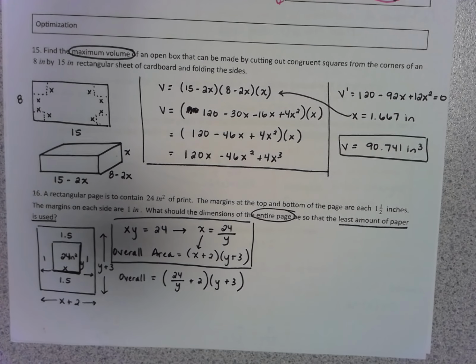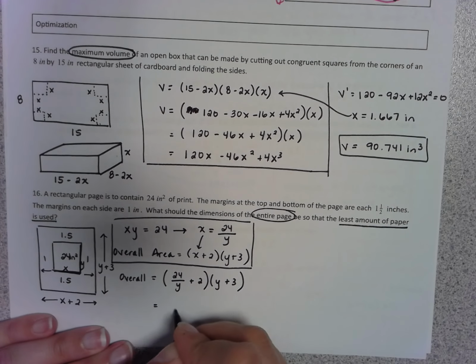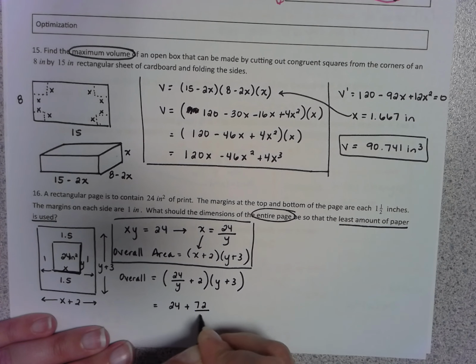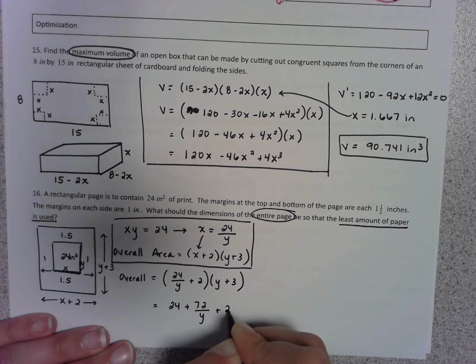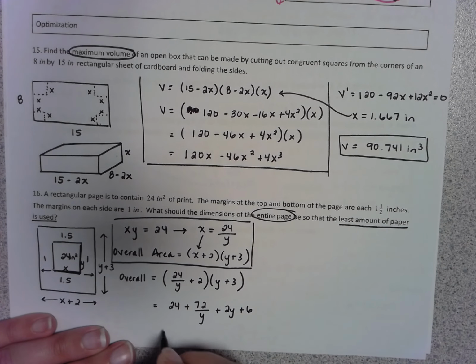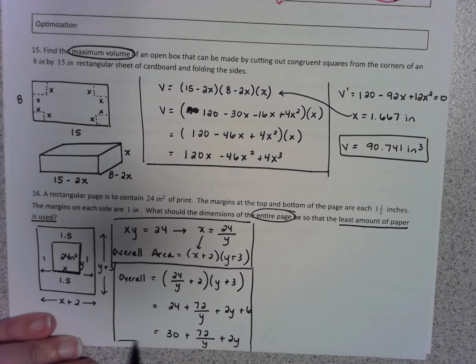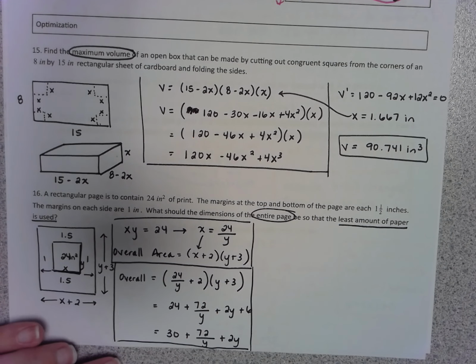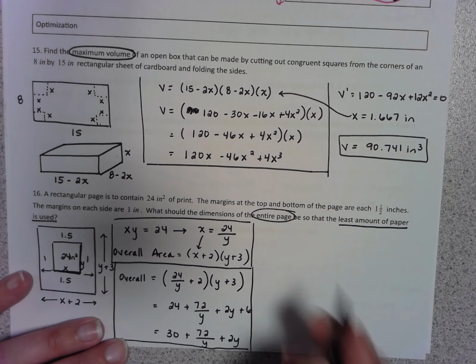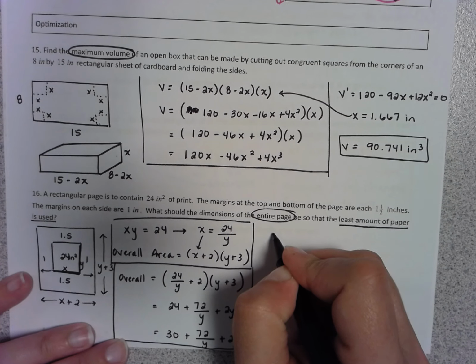So this is going to be a lot easier if I distribute, which means I'm going to have 24 plus 72 over y plus 2y plus 6, which simplifies to 30 plus 72 over y plus 2y. That right there is what I kind of consider step 2. Get your formula to only have one variable. Step 3 is now to take the derivative.